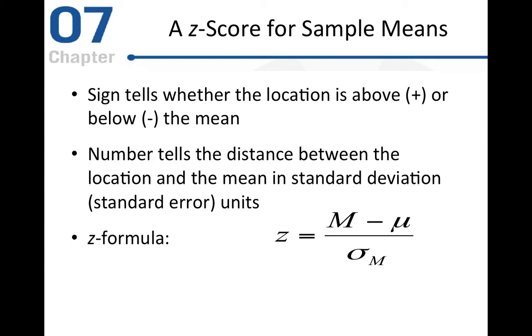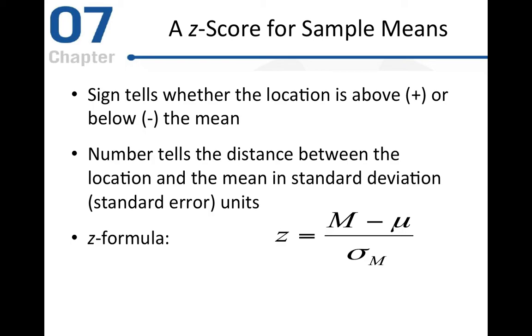As with finding the z-score for a particular score, a particular x, the sign tells us whether the location is above or below the mean. So in this situation, if the sample mean has a z-score of -4, you know that it is 4 standard error units below the mean.